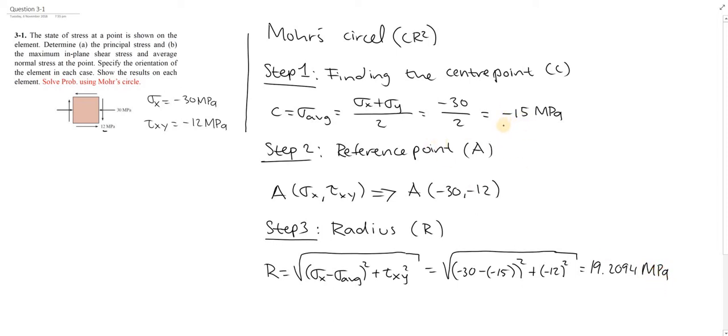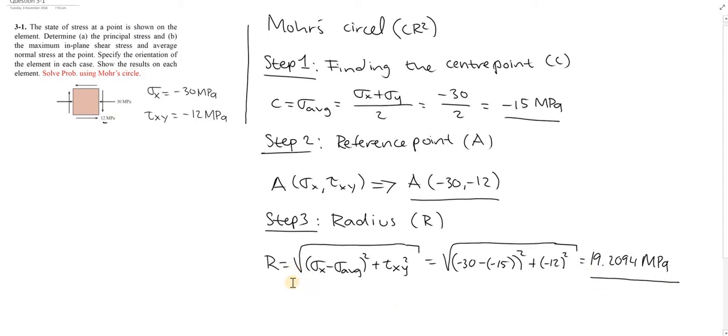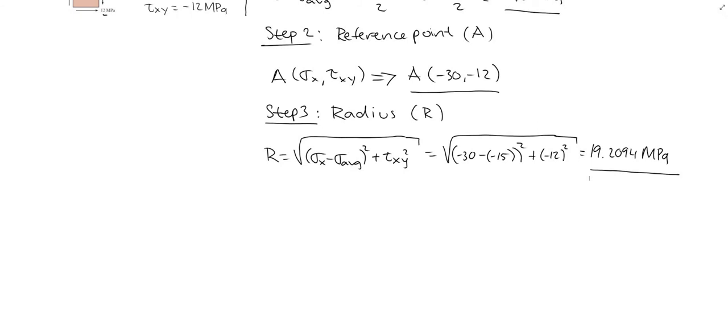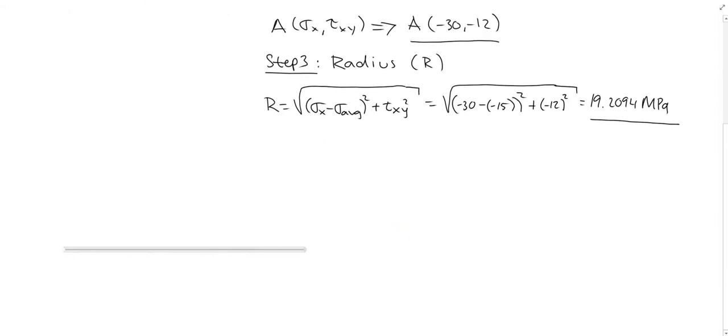So we have our center point, we have our coordinate for our reference point, and we have our radius. How do we then start with our Mohr circle? I usually just start with my horizontal line. I indicate my center point, which will be somewhere right here.